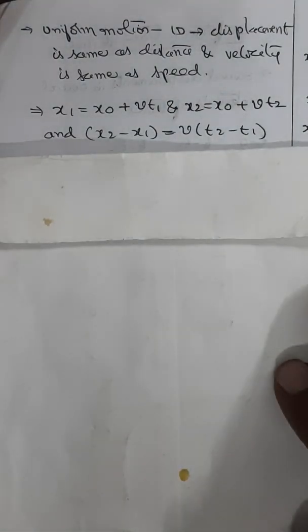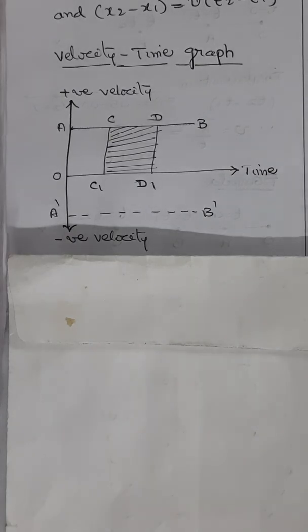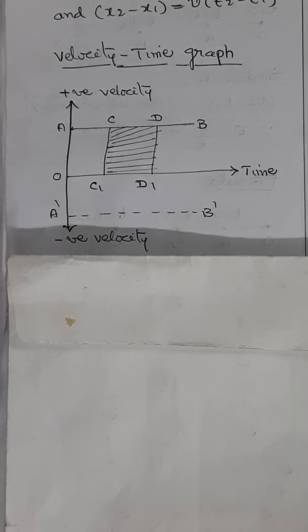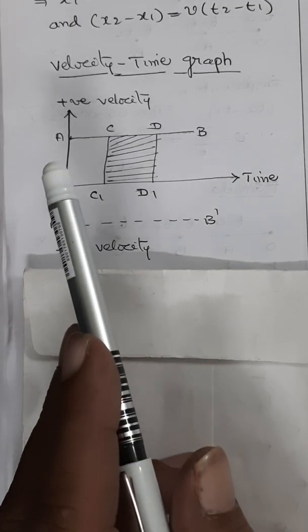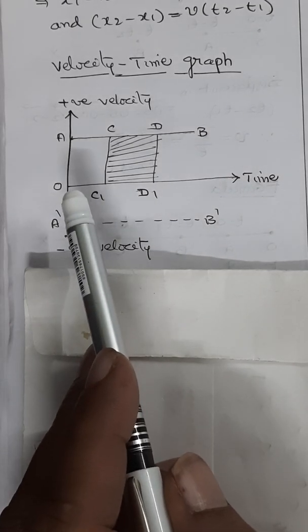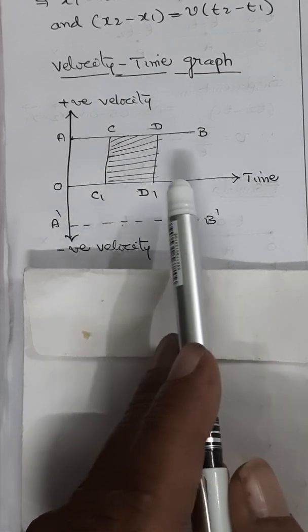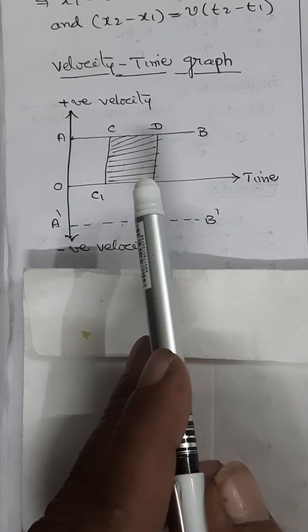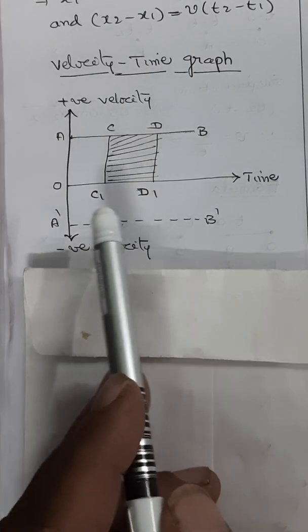Let us look at the velocity time graph in uniform motion. Consider an object moving with a uniform velocity v along a straight line OX. Let the object be moving towards the right of the origin O, that is the positive direction of the x-axis, for position and time measurements.